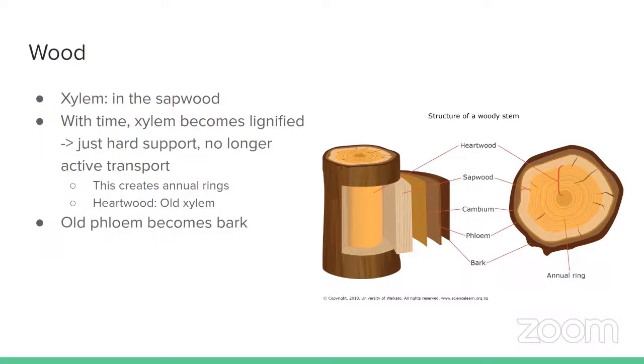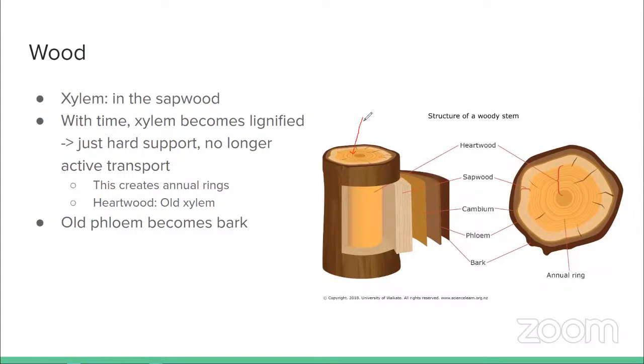Now, if we're thinking about wood, so long-term tissue that's getting old, that's staying around year after year, we're going to replace some of that xylem and phloem. So over time, some of our xylem is going to become lignified. This means it's picking up a molecule that stiffens it, and it's losing its ability to actively transport water.